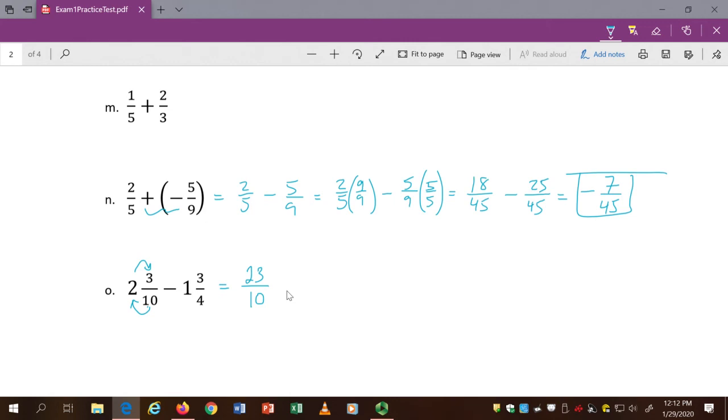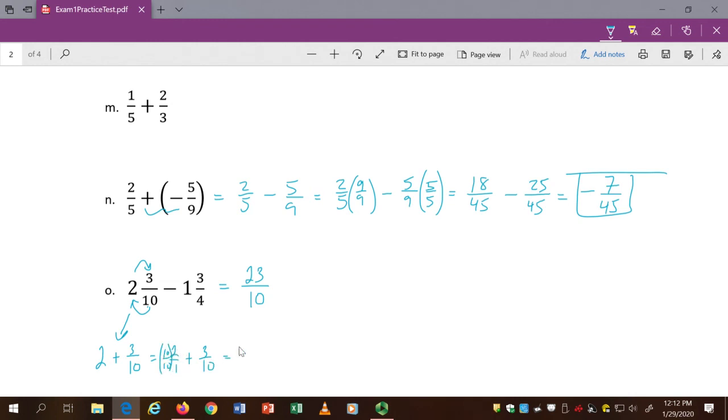What's really going on, and you don't have to write this down, is that this is like 2 plus 3 tenths, right? But to combine those into one fraction, you would need a common denominator. So this 2 is like 2 over 1 plus 3 over 10. And the 2 would need a common denominator of 10 to combine it.